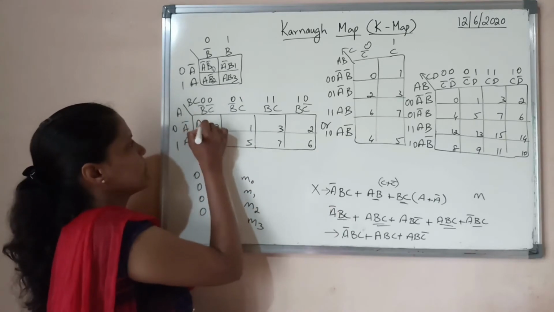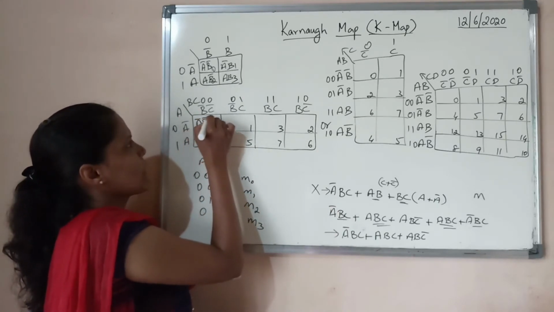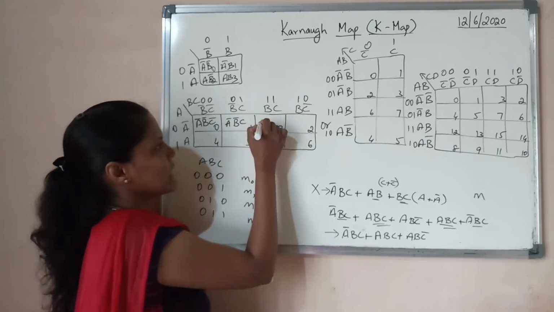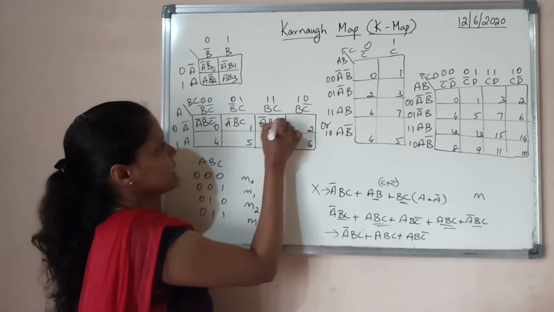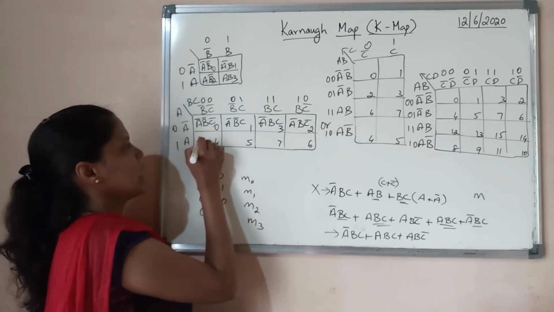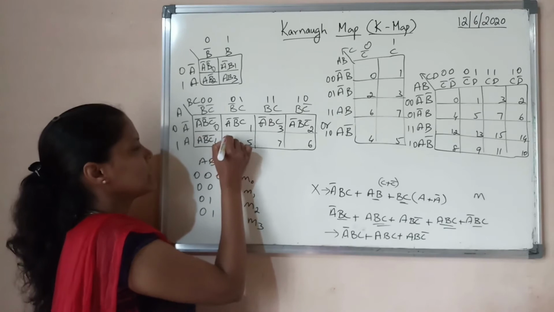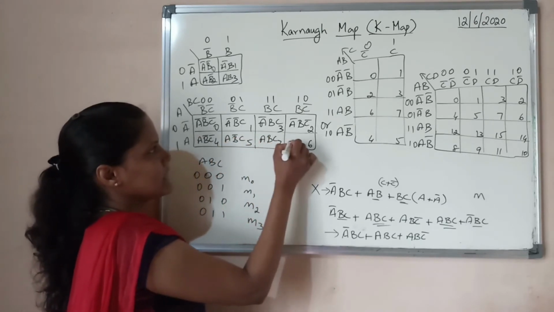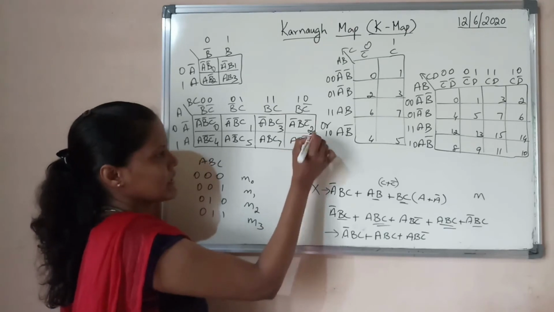Okay, and the minterms for this are a bar b bar c bar, a bar b bar c, a bar b c, a bar b c bar, and for this, a b bar c bar, a b bar c, a b c, and a b c bar.